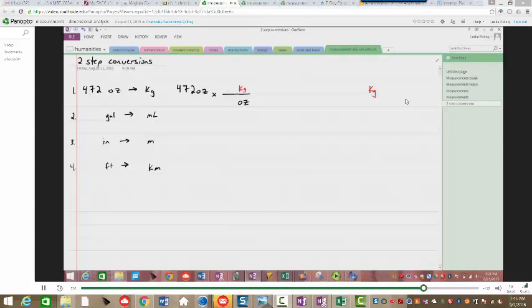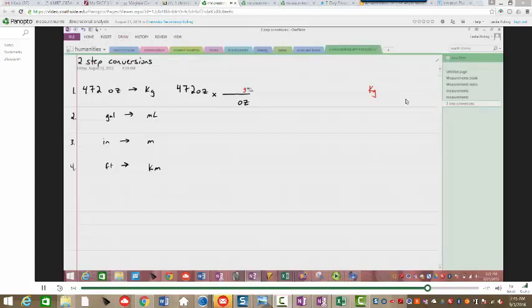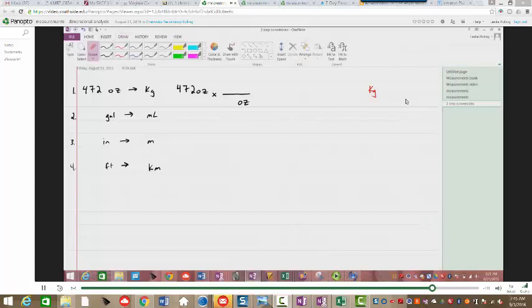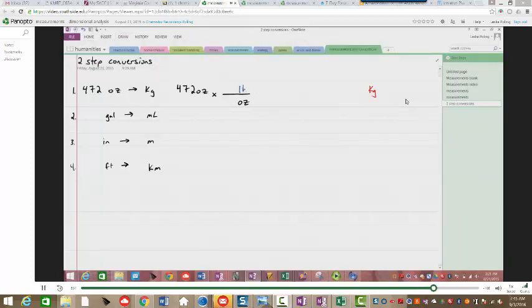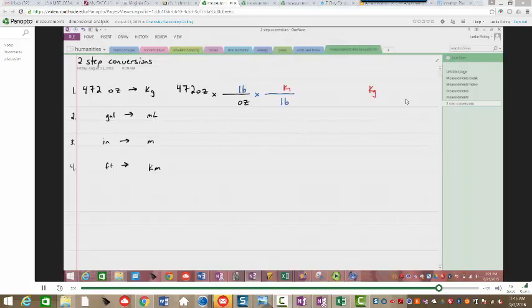But when we look on our sheet, we don't have ounces to kilograms. We do, however, have ounces to pounds. So then we can bring pounds to the bottom and kilograms to the top.